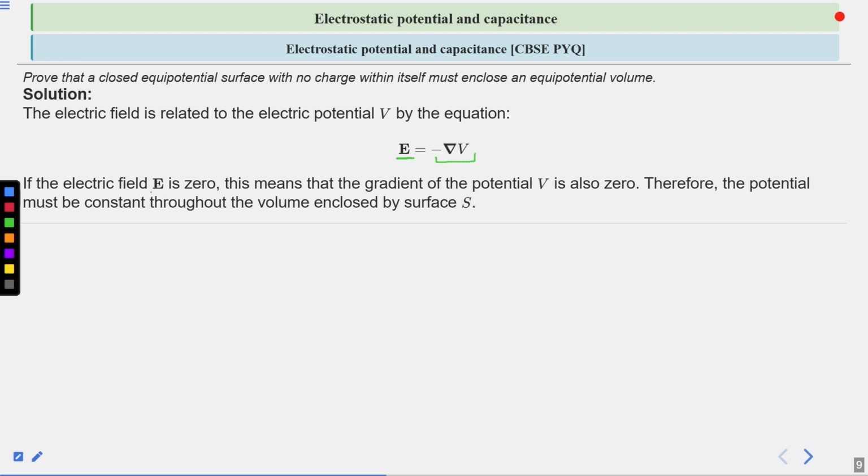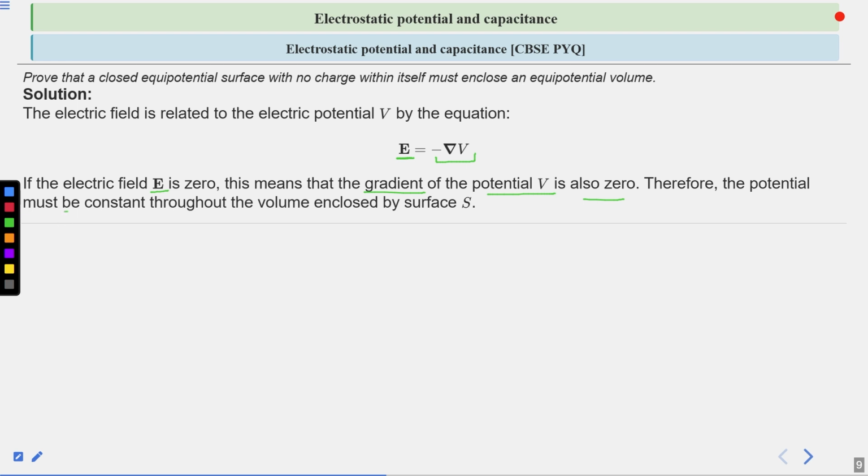The gradient of potential V means dV by dr. The gradient of any physical quantity means differentiation of that quantity with respect to the distance of displacement, with dr in the denominator. So the gradient of potential V is also 0.